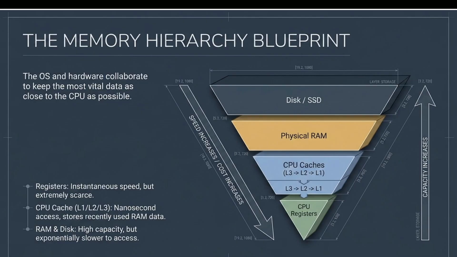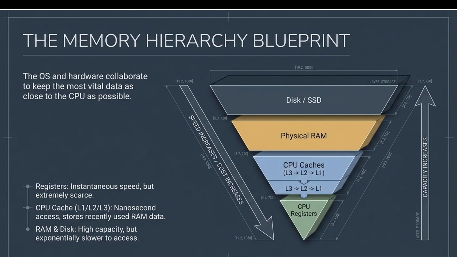As you can see in here, the disk or SSD is the largest. Physical RAM is the next largest. CPU cache, which are L3, L2, and L1, and next are the CPU registers. As you can see in this reverse pyramid, as we go from the top to the bottom, the size decreases.